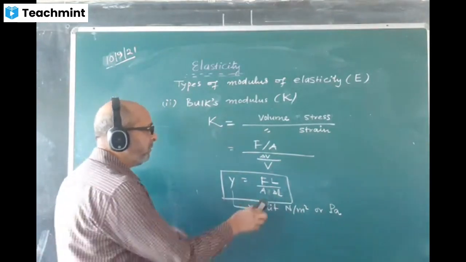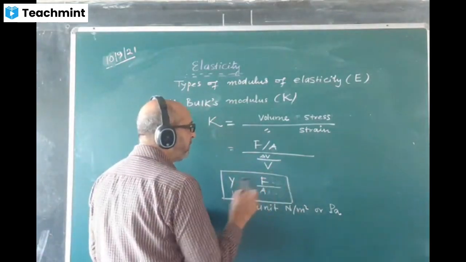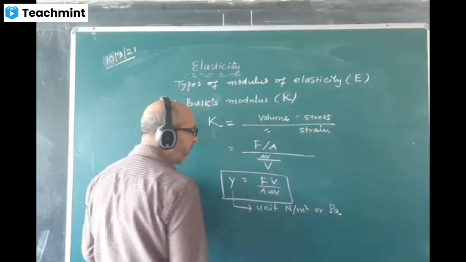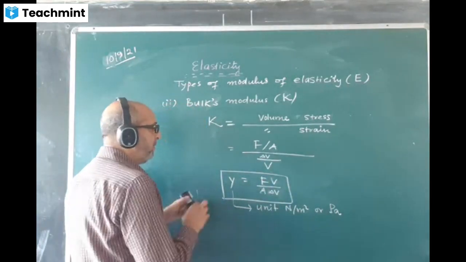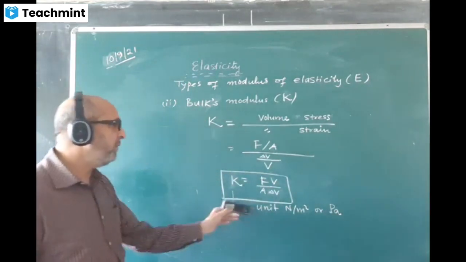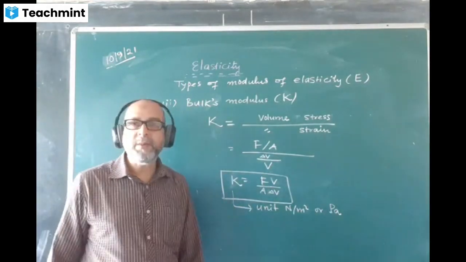And finally, your equation becomes F by A over delta V by V. So this will be K, and unit will be the same, Newton per meter square or Pascal.